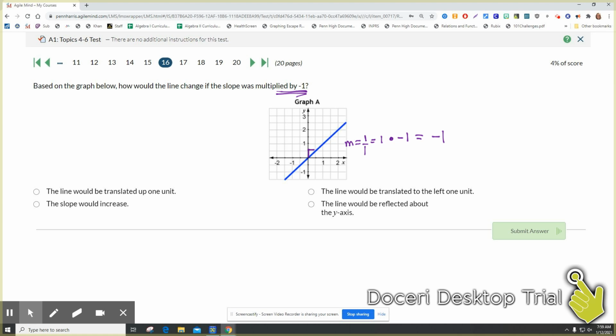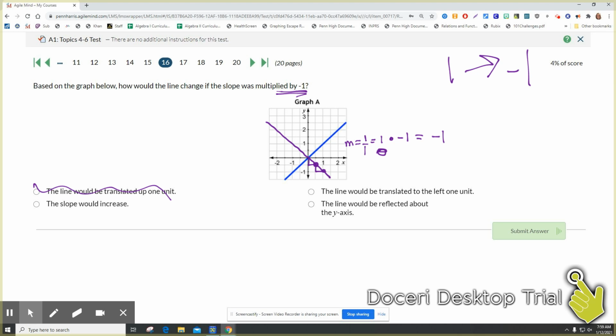If I were to graph that, I would go down 1 over 1, down 1 over 1, and my line would look like this. So what is that transformation? It didn't go up or down 1 unit. My slope doesn't increase. It's going from a positive 1 to a negative 1.